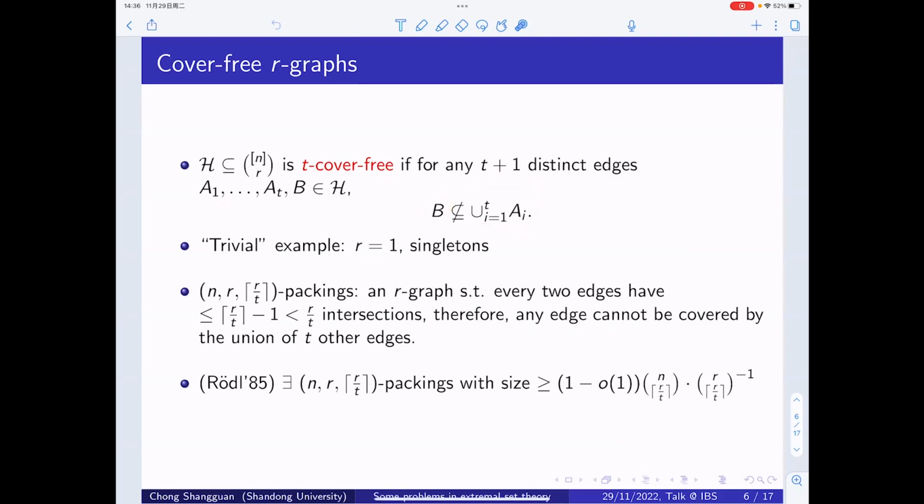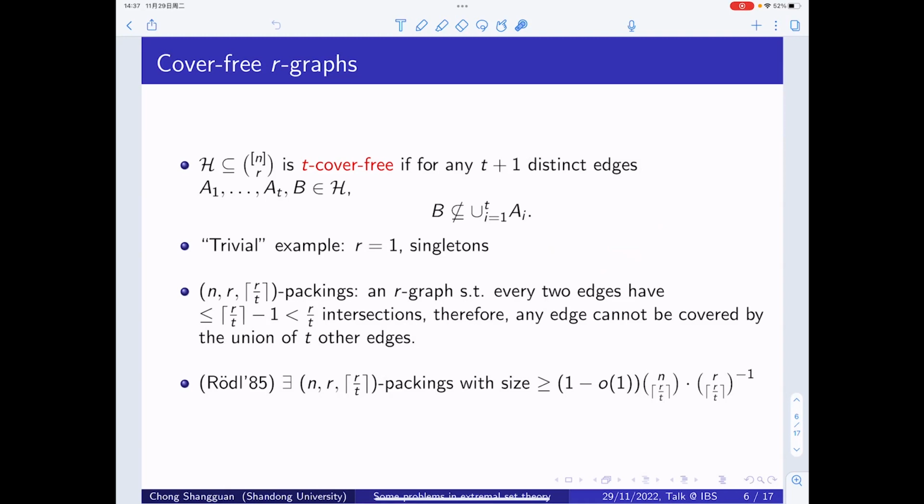Here are two examples of cover-free hypergraphs. In the first and trivial example, r equals 1. It is easy to see that the singletons clearly form a t-cover-free 1-graph for every t ranging from 1 to n.